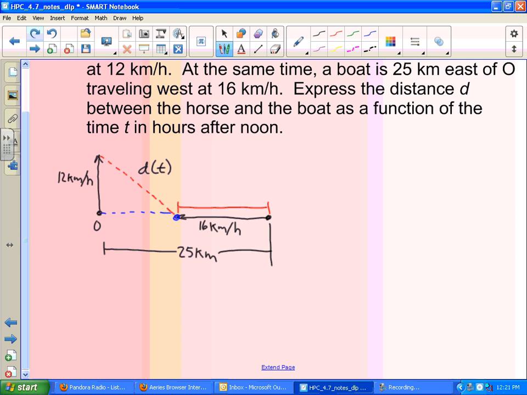So, again, we're expressing distance as a function of time, and we know distance is equal to a rate times a time. With each of these kilometers per hour, if I simply multiply by t, I would now have a distance for each of those: 12t, 16t. Now I've got a distance. It's distance as a function of another variable.